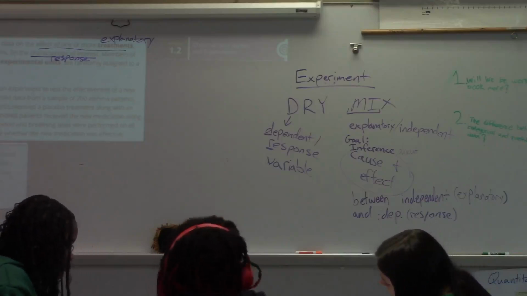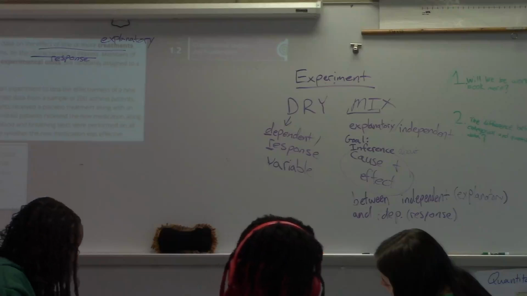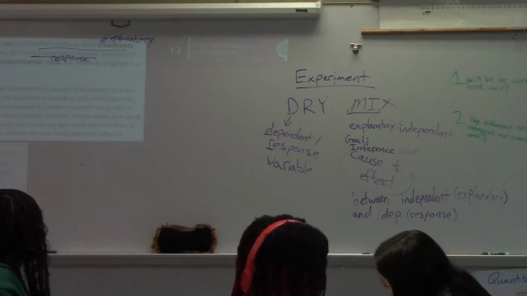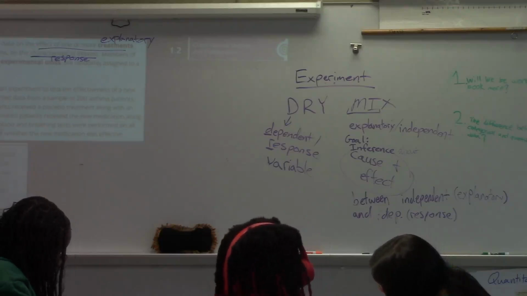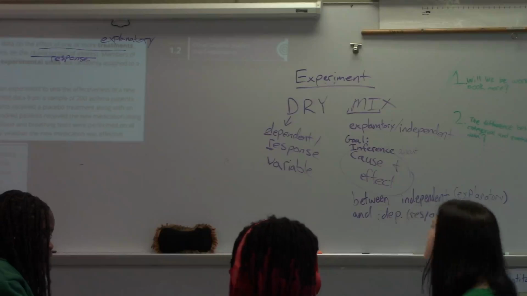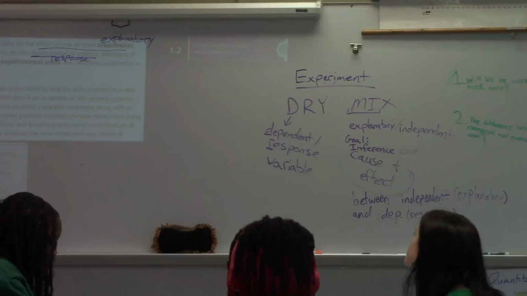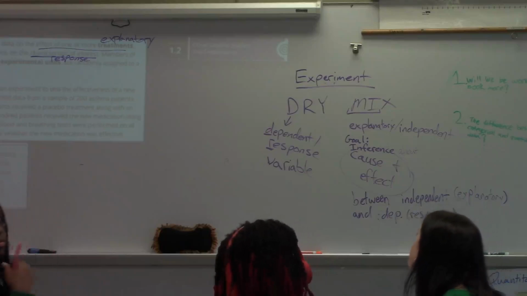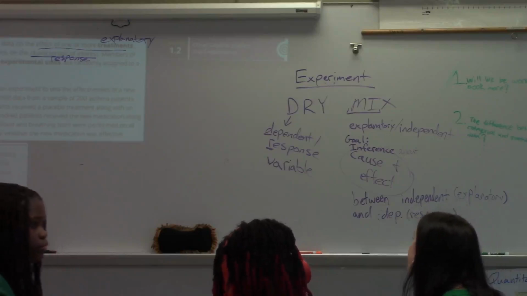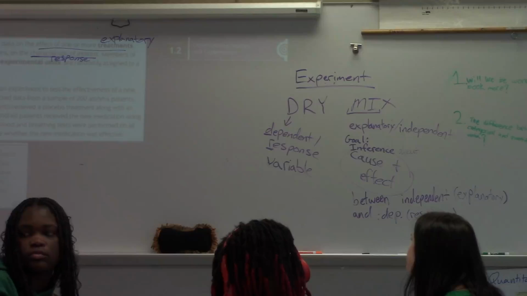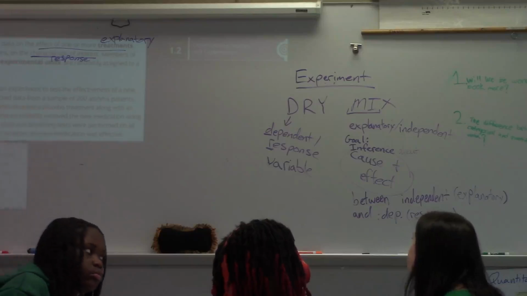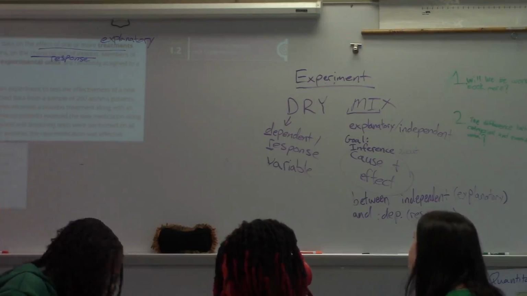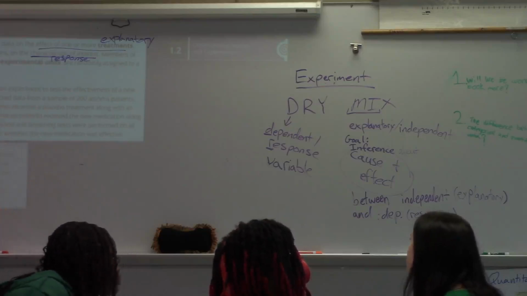But what I want us to do now is take 5 minutes so that we have time to then discuss. Researchers conducting an experiment to test the effectiveness of a new asthma medication collected data from a sample of 200 asthma patients. 100 of the patients received a placebo treatment along with an inhaler. The other 100 patients received the new medication along with an inhaler.